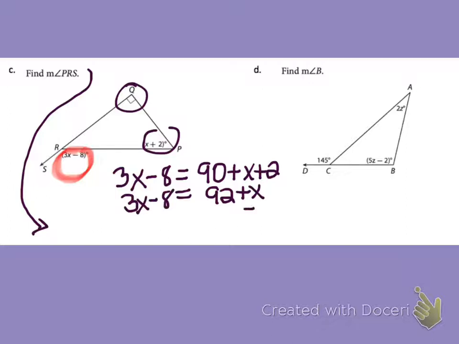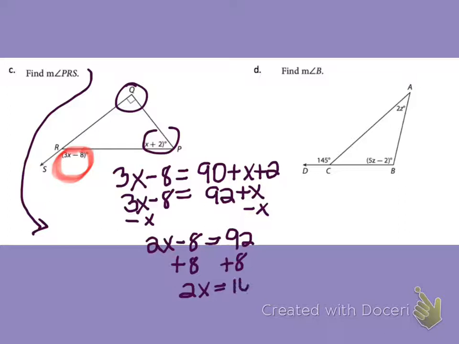So I'll subtract x from both sides, leaving 2x minus 8 on one side and 92 on the other. Now I can add 8 so that all the constants are on the right. That gives me 2x equals 100. Dividing by 2 gives x equals 50.